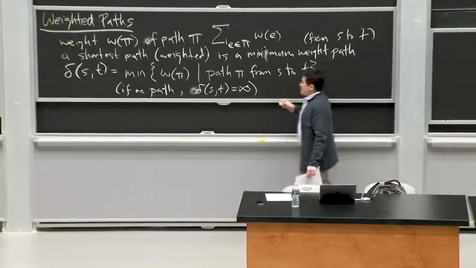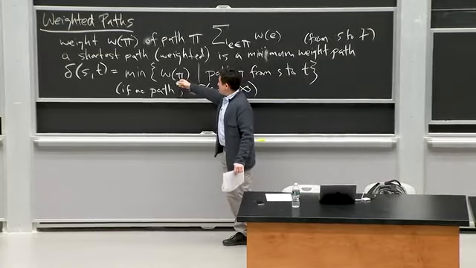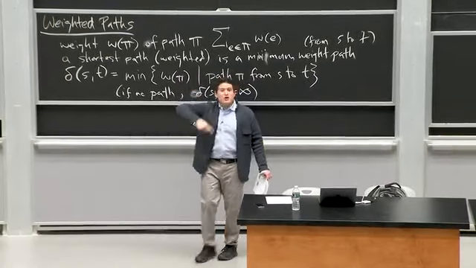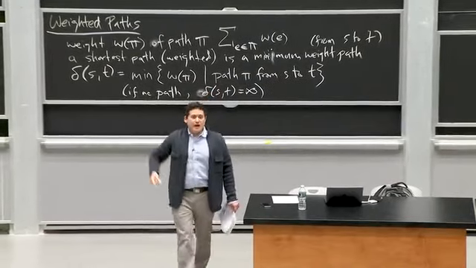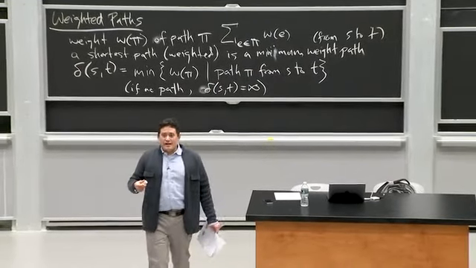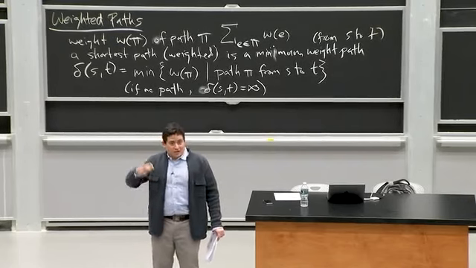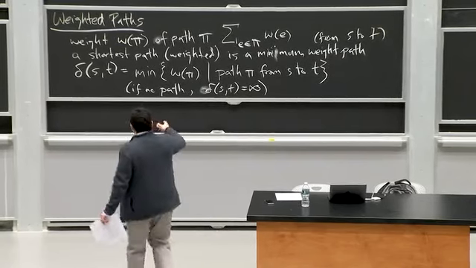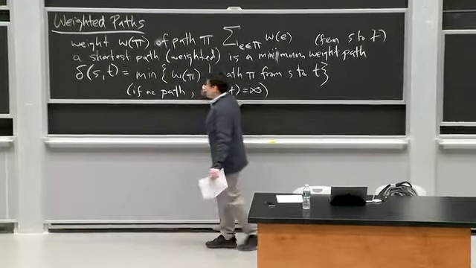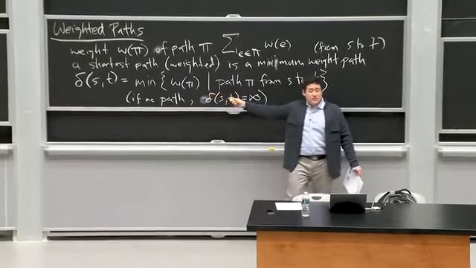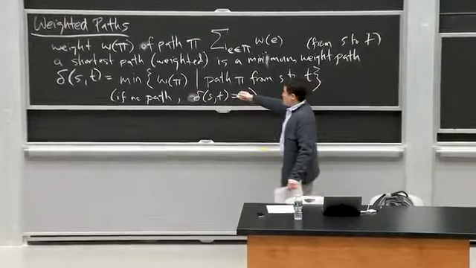What do I mean by that? It means I could keep going through edges in my graph and continually get a shorter path, right? So if the minimum weight of a path from S to T actually goes through an infinite number of edges, then this isn't really well defined.